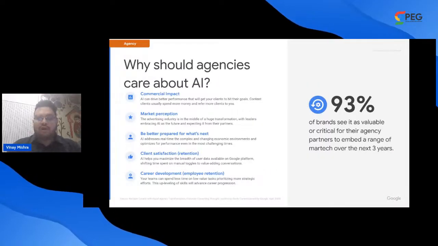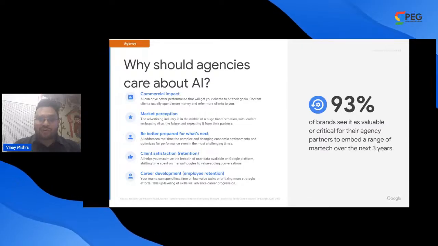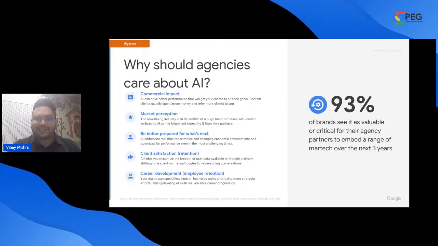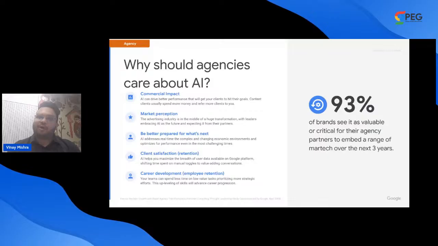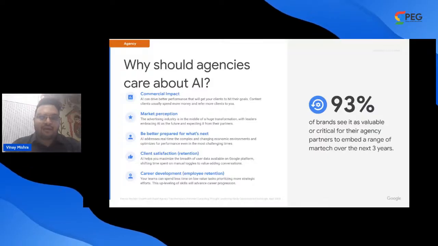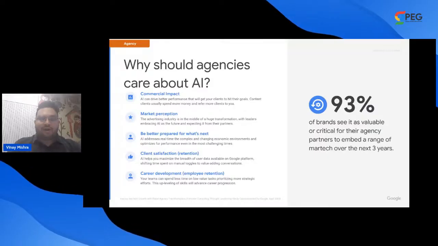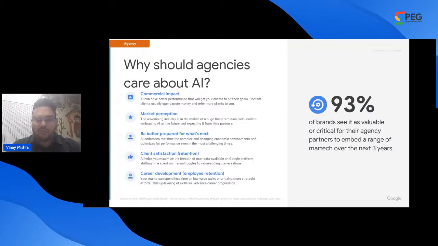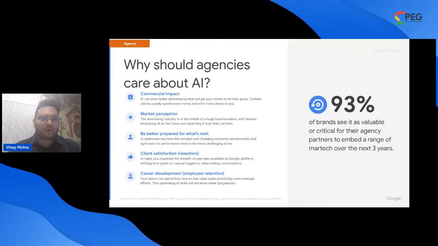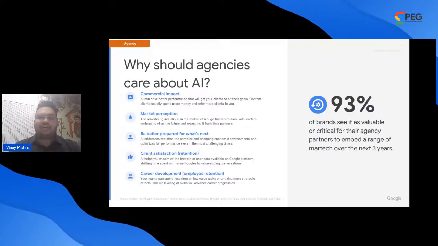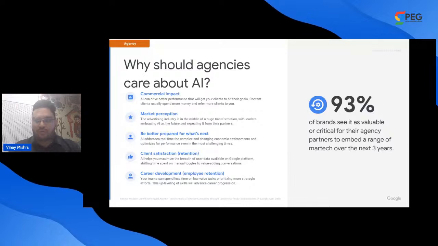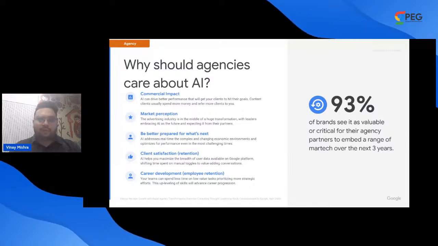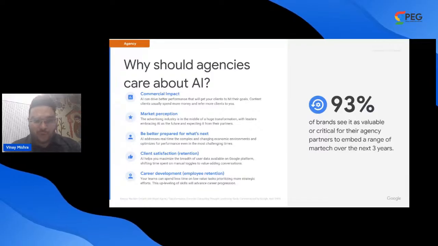Now, which brings us to the most crucial part here: why agencies should care about AI in the first place, right? First of all, we know that the world is moving towards AI, and with AI there are a lot of betterments coming in terms of digital marketing as well, right?